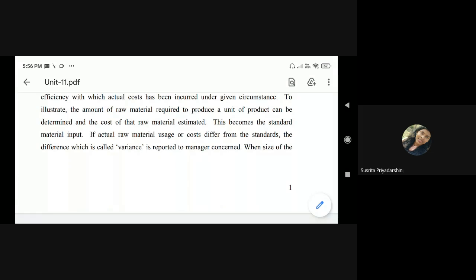By multiplying both, you get the standard cost of material. So the standard quantity multiplied by the standard price per unit gives you the standard cost of material. And we have to find out the actual one. When will you find the actual one? After purchasing that. Okay.